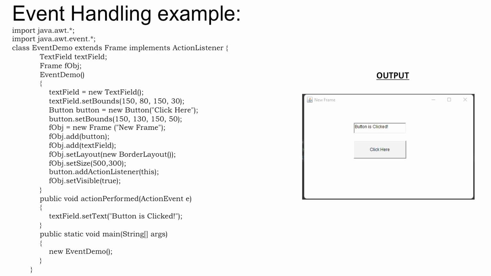Now this is one example of event handling. If we press some button over here, it does some action. So basically the purpose here is to create an event.